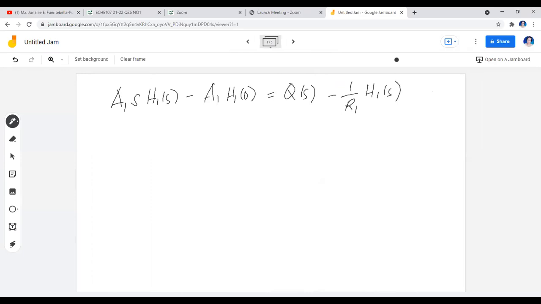Now we know that there won't be any sudden change at time equal to 0 to the level of the liquid in tank 1. So this term becomes 0.